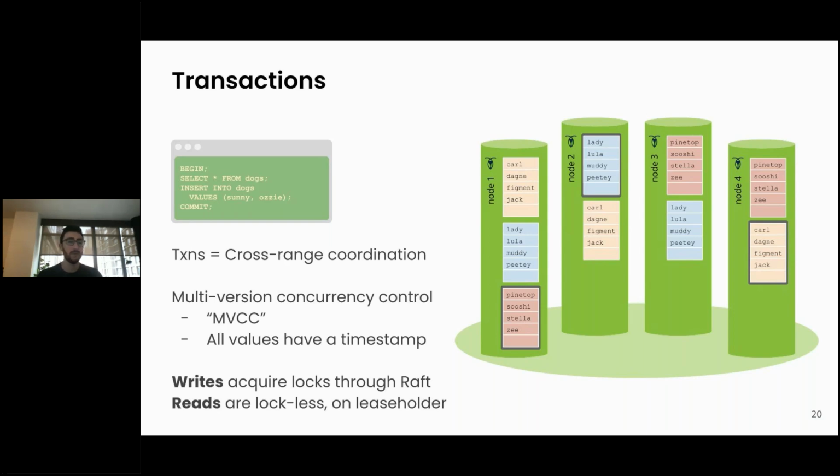Using MVCC, transactions are able to ensure atomicity, because all of their writes and all of their reads will take place at the same timestamp. They're able to ensure serializability, which is really the highest level of isolation that transactions can have. And they're able to ensure consistency in the ACID sense of the term.